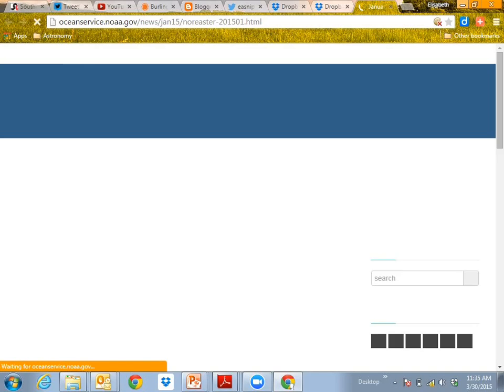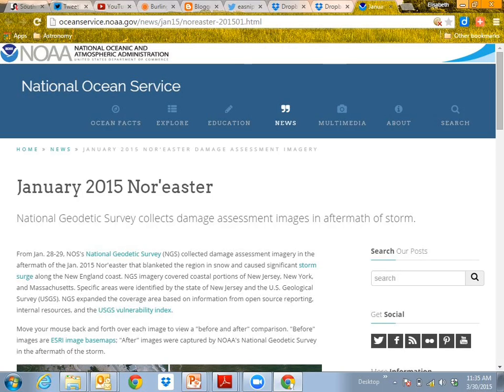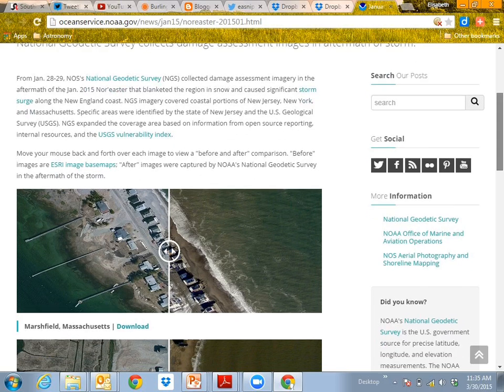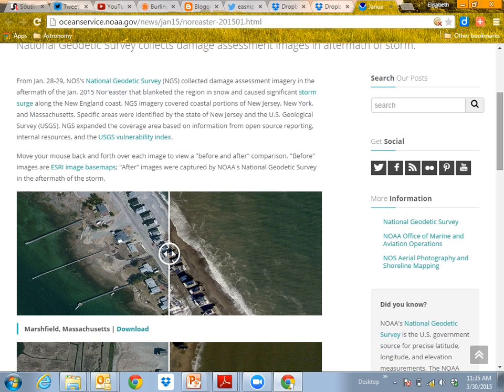That crazy snowfall was one of these mid-latitude cyclones, specifically called a nor'easter. I had forgotten this till I looked at this article, but do you remember when they were talking about storm surge? I'll dim the lights a little bit so you can see better.